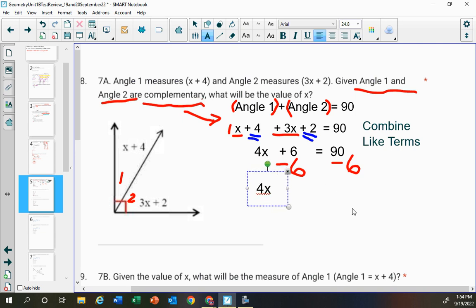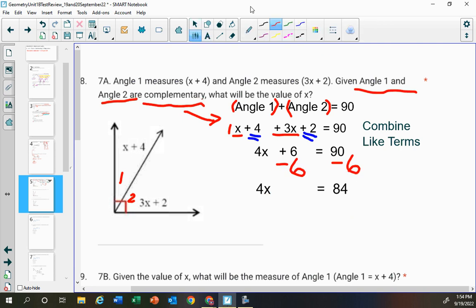What's 4x going to equal? 84. And then what's our basically last step for this problem? Divide. Now give me 21. Yep. X is 21. Good job.